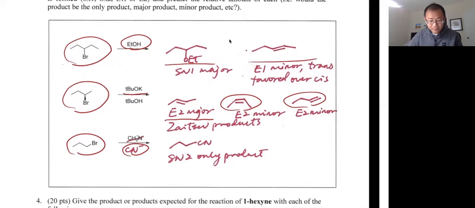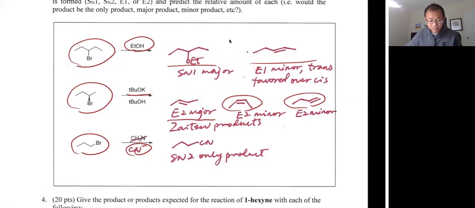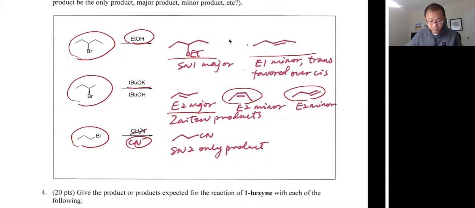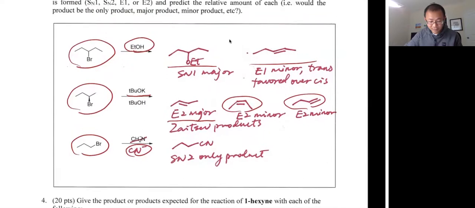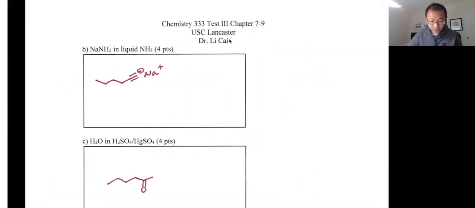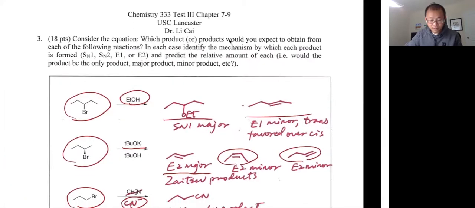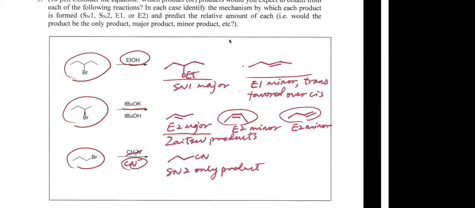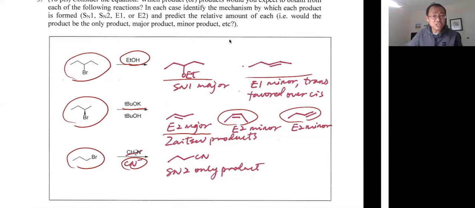Does it make sense, guys? Yes. I'm sorry? The first reaction, isn't it a strong base? No, EtOH is ethanol, it's neutral, it's a weak base, it's a solvent.